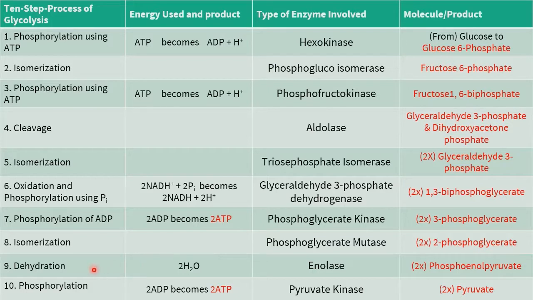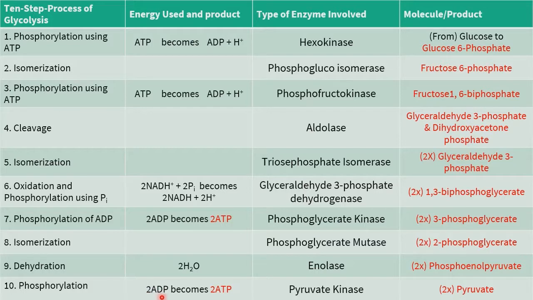In step 9 there is a dehydration, of course making use of water, and the enzyme controlling that is called enolase. That will now be converted into a molecule of phosphoenolpyruvate. Finally, step number 10 is the phosphorylation, or addition of phosphate.